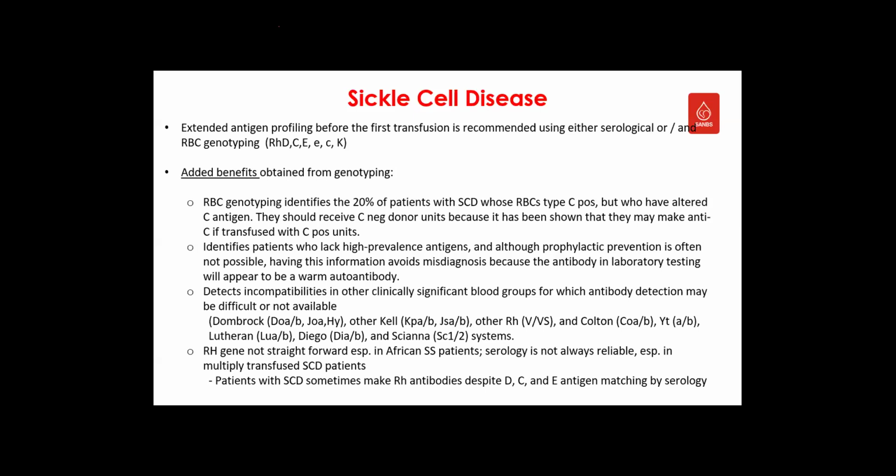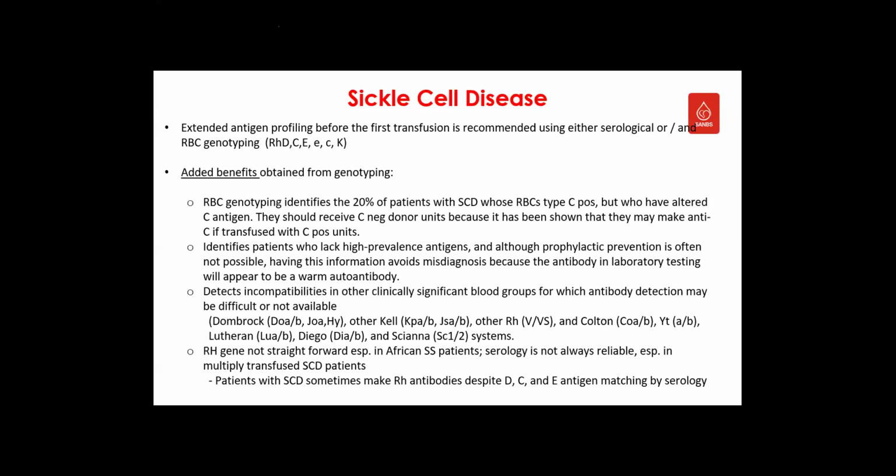So I talked about the first-line antigens, which are mentioned above, and here you have all the other potentially clinically significant blood groups, where you will get information if you do full red cell genotyping. Also, the Rh gene is not straightforward in our environment, and even in the BGC, although genotyping has proven to be very good, one of the problem areas is within the Rh gene.